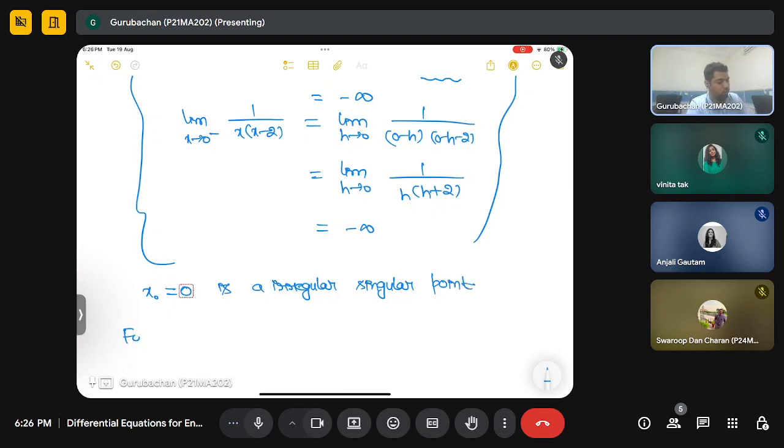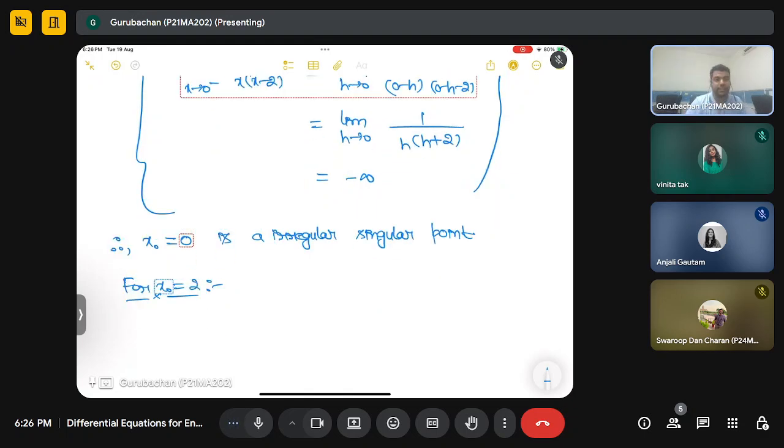Now for x naught equal to 2, let us check what is happening.